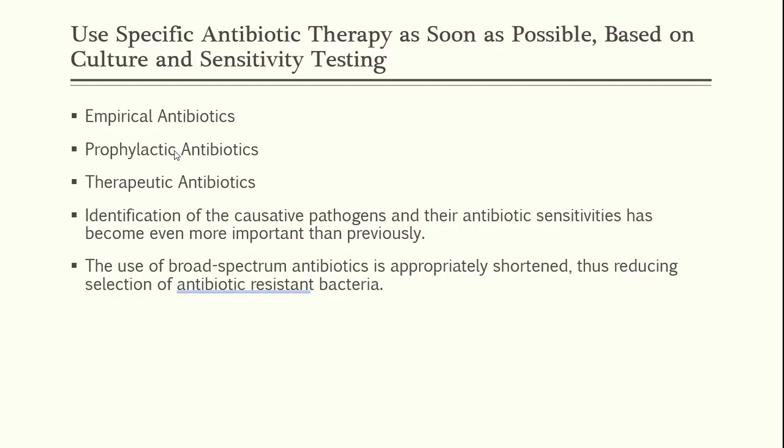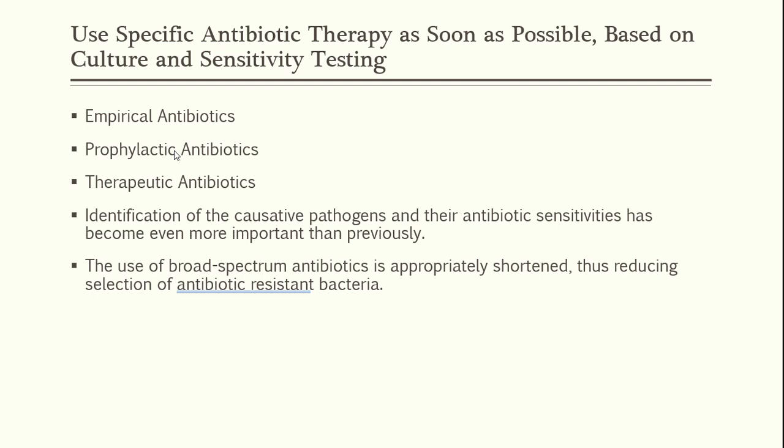Now, we have three principles: empirical therapy, prophylactic therapy, and therapeutic antibiotics. Empirical therapy is when we have the patient in front of us and we did the procedure, we want to prescribe antibiotics, but the culture and sensitivity results have not been available yet.